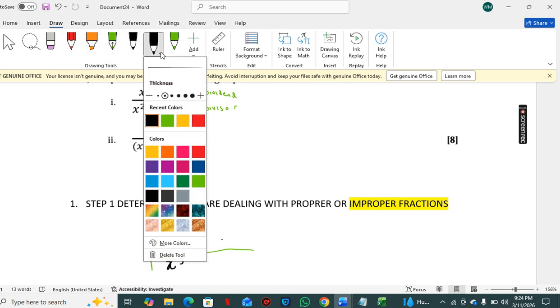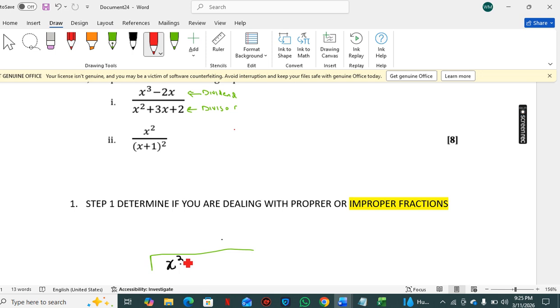When you're putting this polynomial into the division sign, you have to make a proper order of the powers of the letter so that you can divide properly. This is what I mean, colleagues. This is x cubed. We don't have an x squared here. We just go from x cubed to x to the power 1. So you're going to have to put here plus 0x squared. We are doing this so that you can divide properly. If you miss this step, you are going to fail to divide properly.